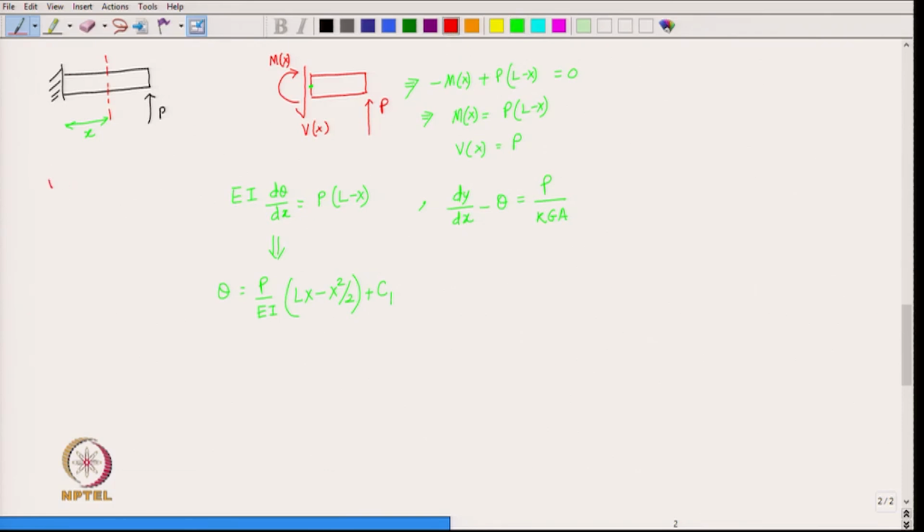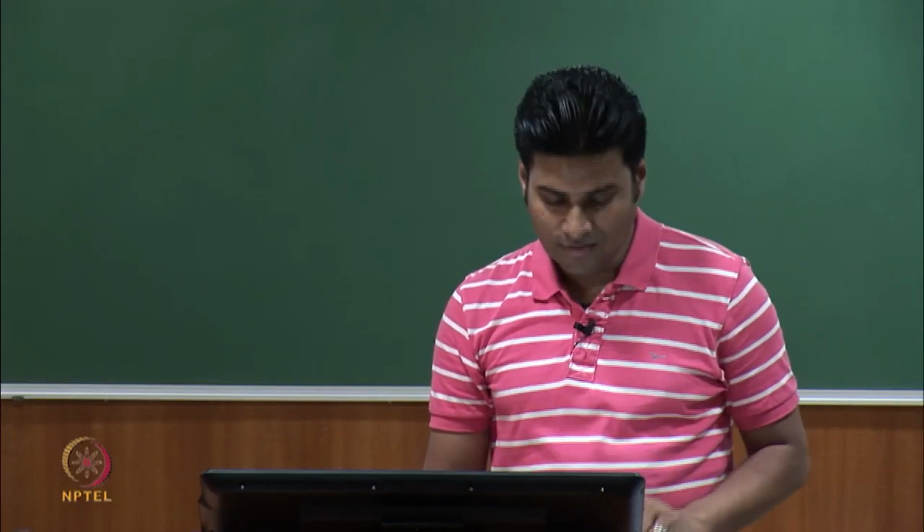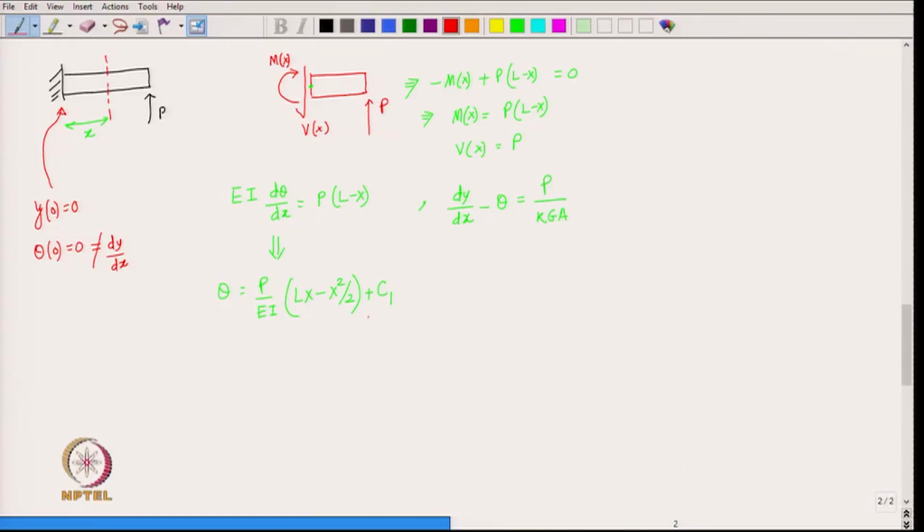At the clamped end over here, since it is clamped, the displacement y of 0 is equal to 0, and also because the whole cross section is clamped, the cross section cannot rotate. So, that means θ of 0 is equal to 0. So, you should not say that dy by dx is equal to 0, because dy by dx is no more denoting rotation of the cross section. We have θ as an independent variable to denote cross sectional rotation. All right. So, when we substitute here that θ of 0 is equal to 0, C1 goes away.